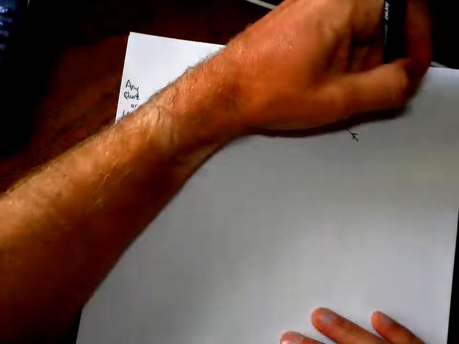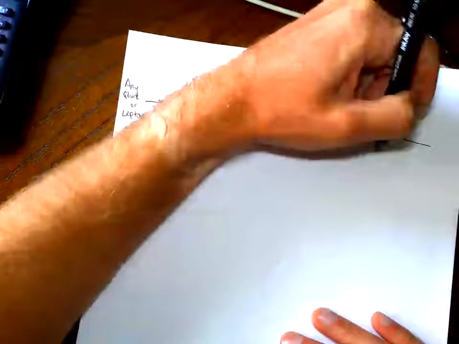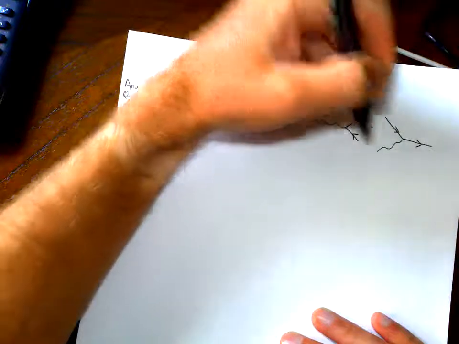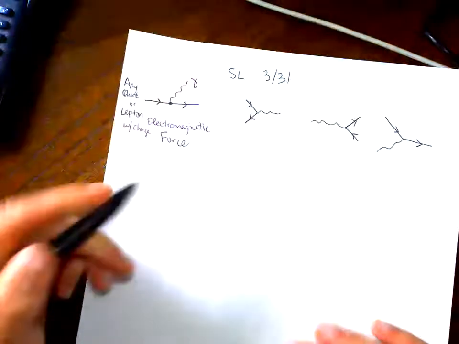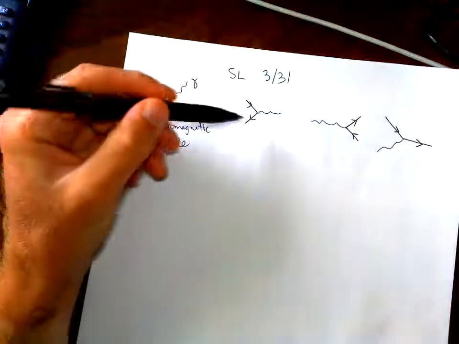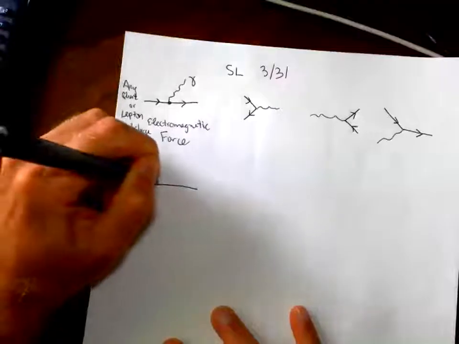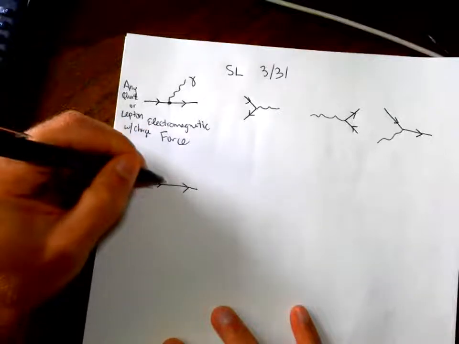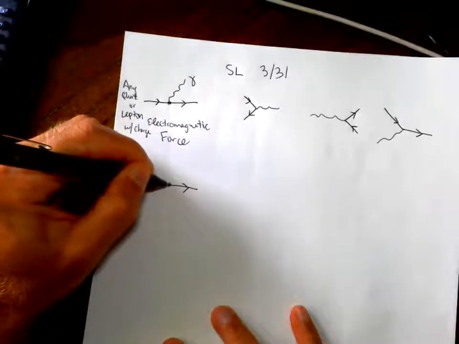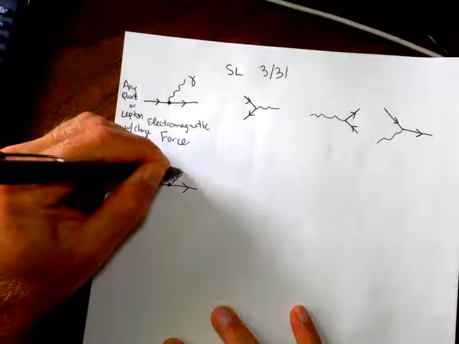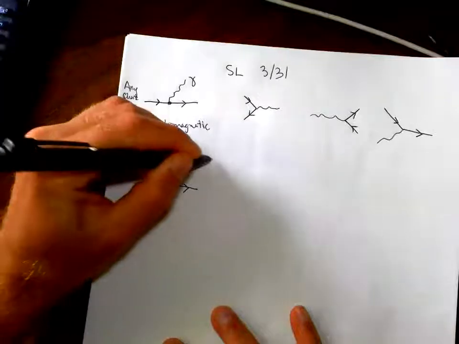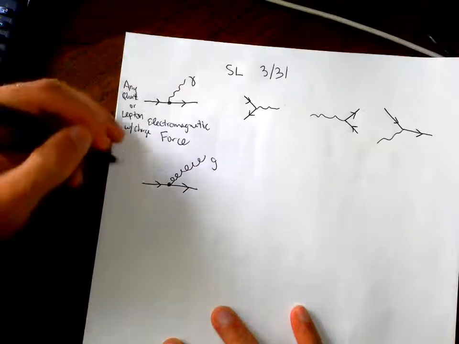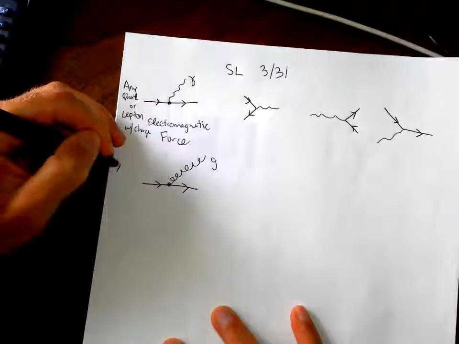You could bend it like this, as long as you're obeying the rules of a vertex. The strong force has, instead of a photon coming out, a gluon coming out, which is denoted by G. And then this arrow is representing any quark.